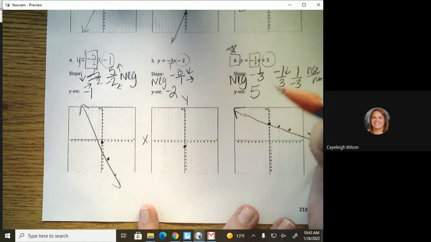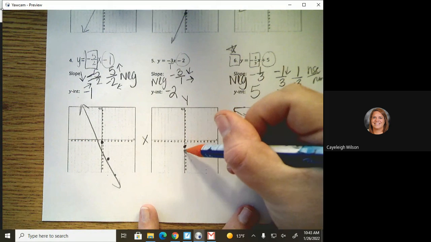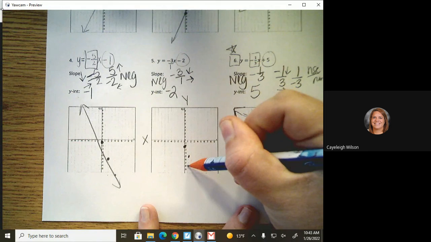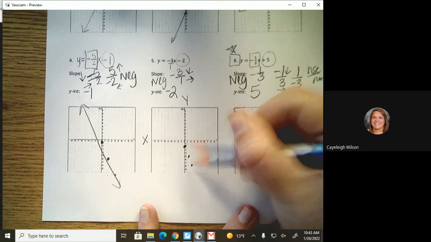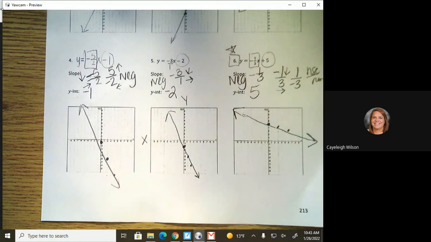And then I put my pencil back on that y-intercept, and I go down 3, right 1. And it's a negative slope, and look at that line going down from left to right.